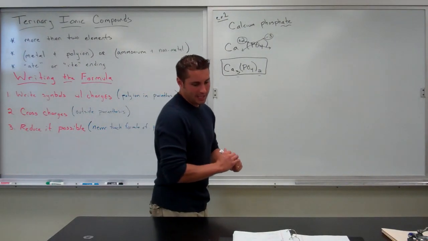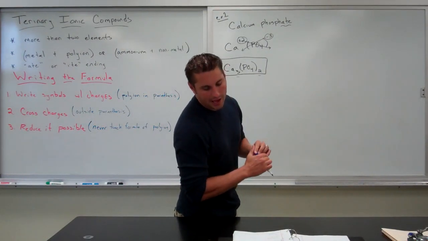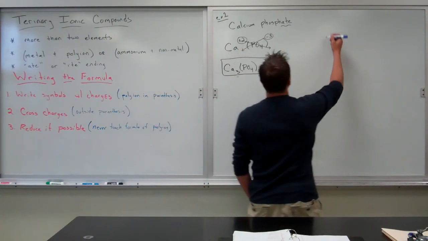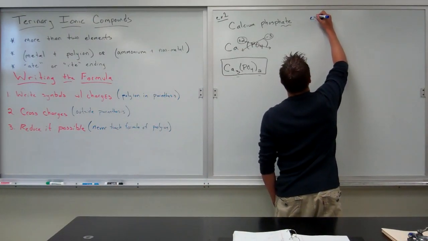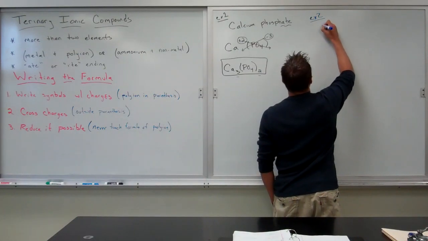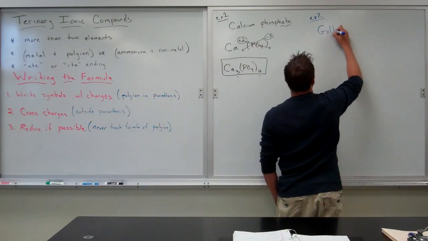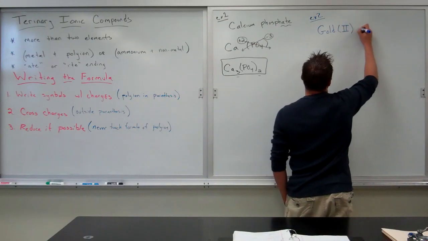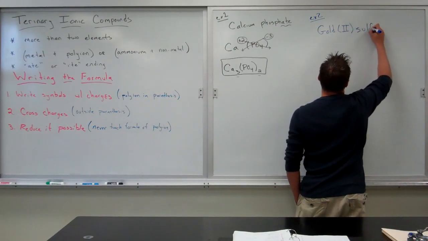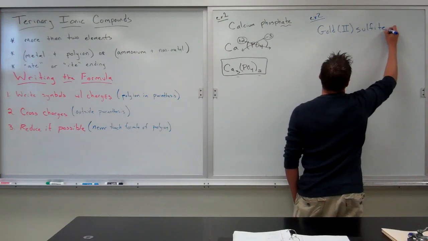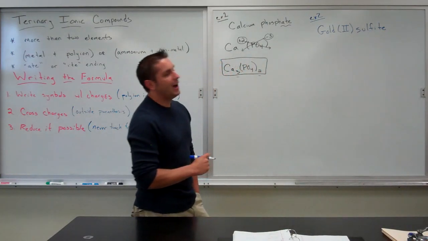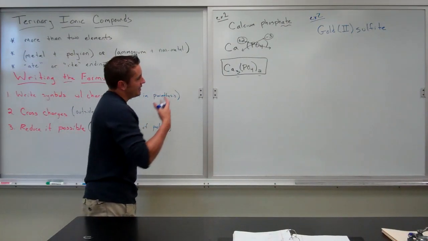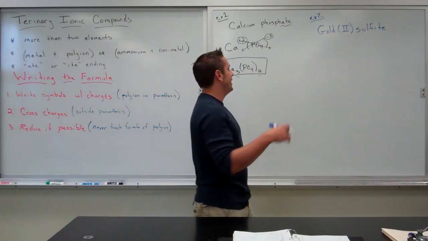Taking a look at a second example. How about we look at something like gold II sulfite. Gold II sulfite. Again, as I look at this, I have to decide. Is it ionic?